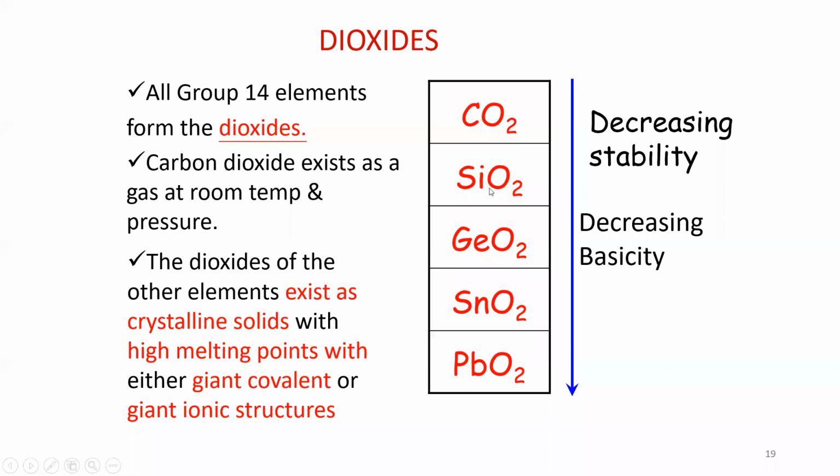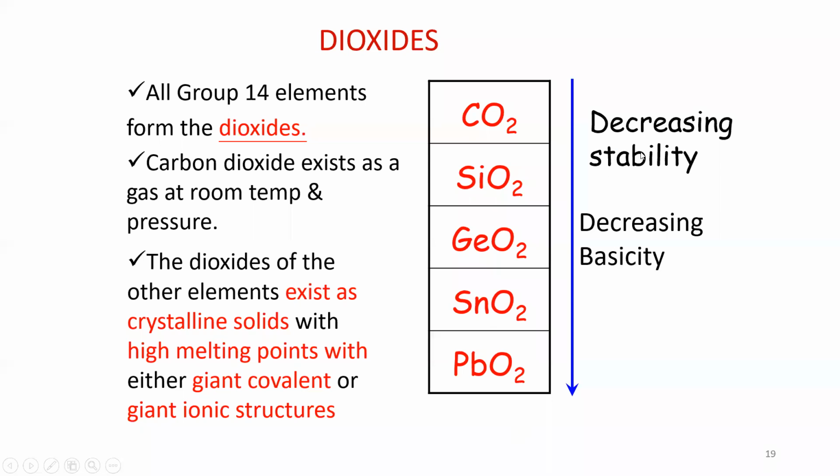So because they exist as solids, of course, they will have a higher melting and boiling point than your CO2, which is a gas. And they have giant covalent or giant ionic structure. Like your tin and your lead will have giant ionic structure, because they are metals, they will be more ionic.